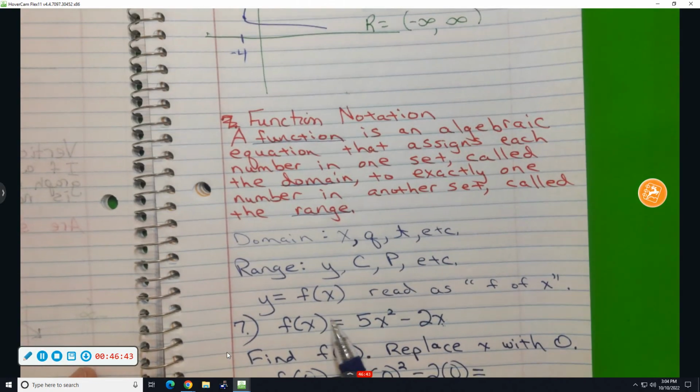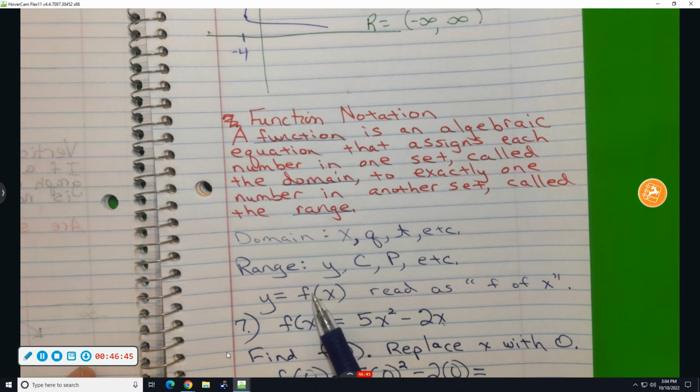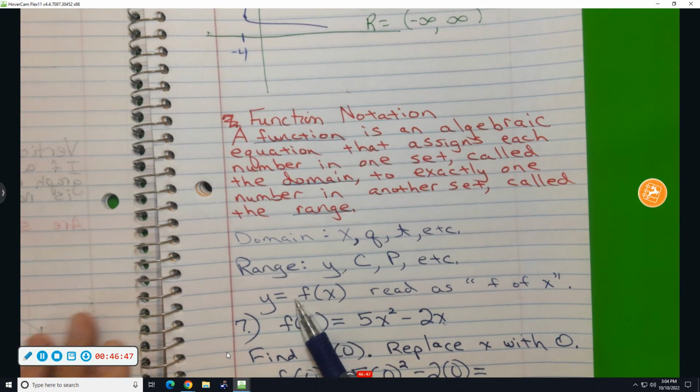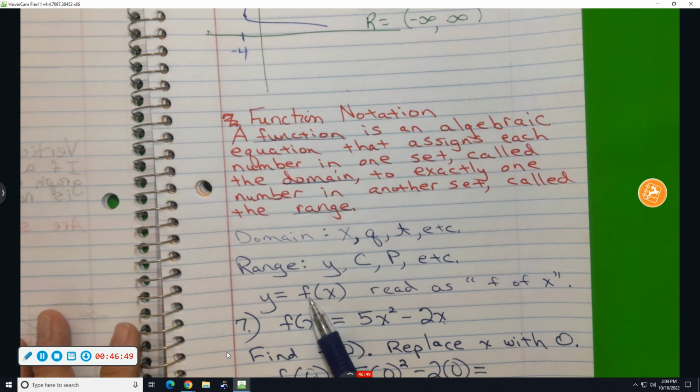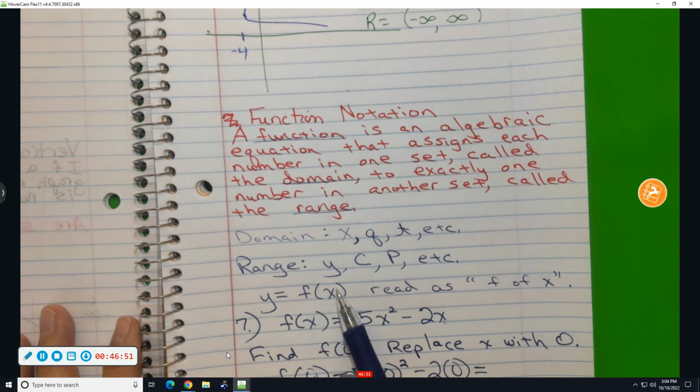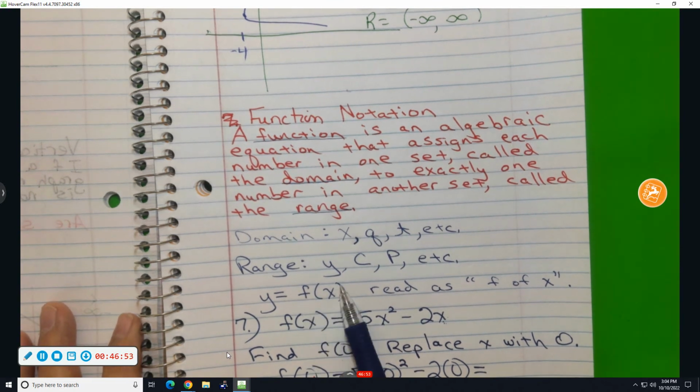But you can use any function name you want to. As I mentioned earlier in that business calculus class, we have cost functions, c of x, and profit functions, p of x. So you can use any letter you want for the name of the function.